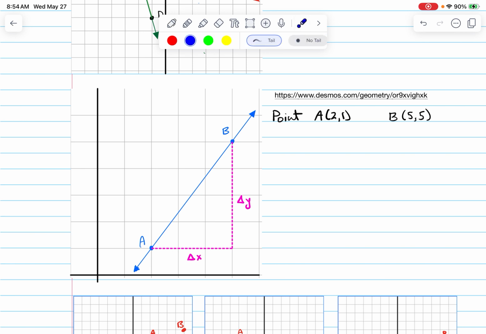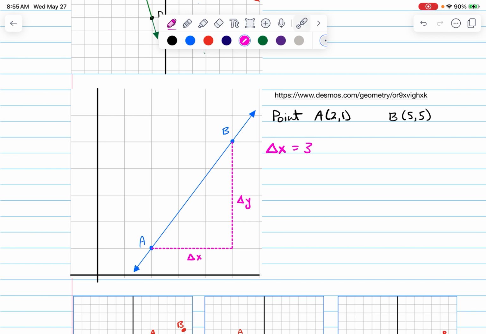Notice that to get from A to B, you're going to have to go to the right, 1, 2, 3 units to the right. I'm calling this quantity delta x, and delta x here is 3. That's how far we need to go to the right.